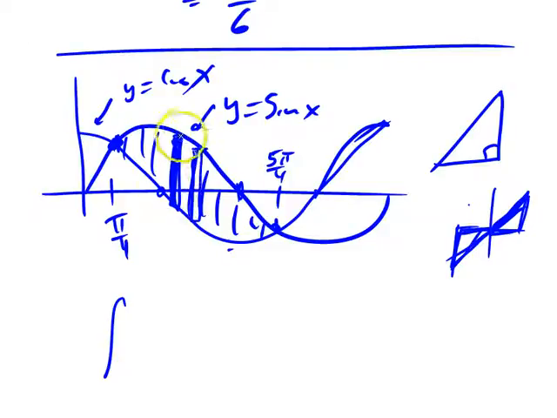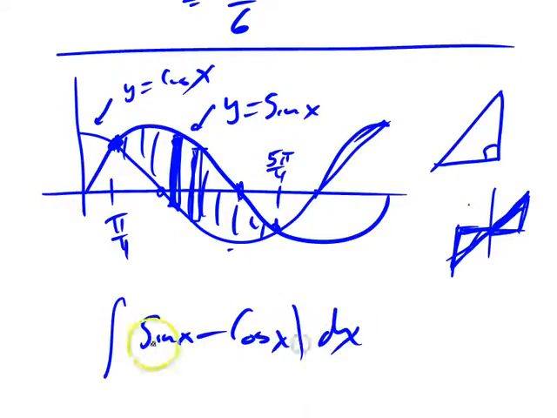The height of the rectangle is the y value at the top minus the y value at the bottom. The top function here is sine x. The bottom function is cosine x, dx. The dx is to give it some thickness. I'm interested in this from pi over 4 to 5 pi over 4.